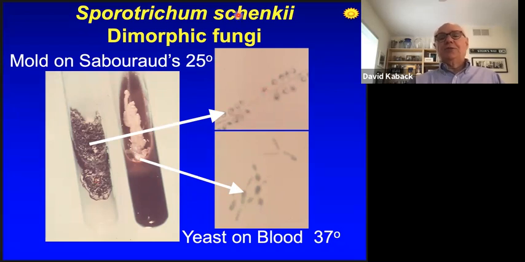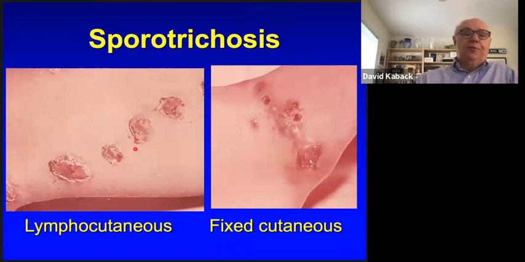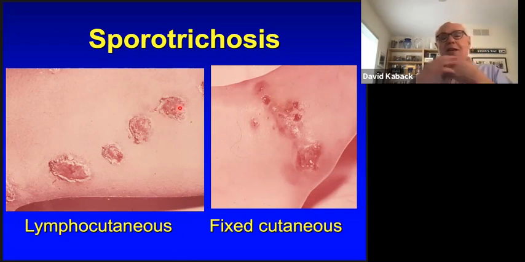And Sporotrichum schenkii causes sporotrichosis, shown here. And sporotrichosis comes in 2 flavors. In one, you get poked by some of this and it invades your lymph nodes, and it essentially travels up and down your lymph nodes, growing these cells that ultimately emerge and rupture out of those lymphatics to give you a skin infection that traces your lymph duct, shown here.